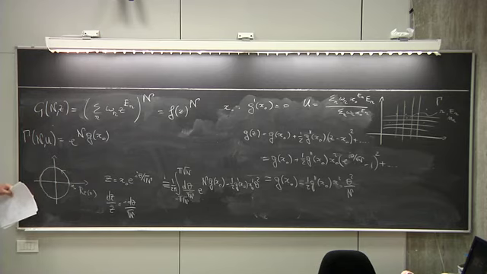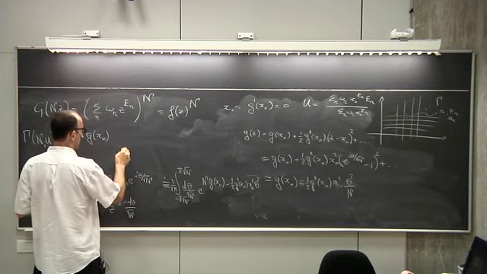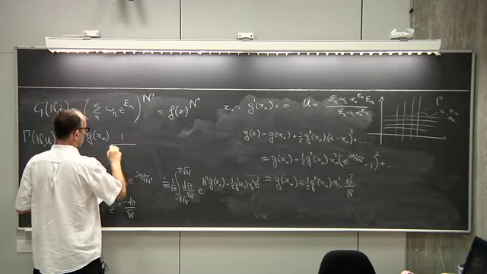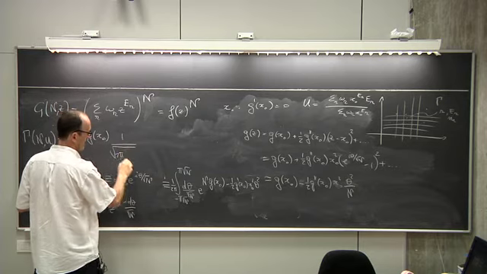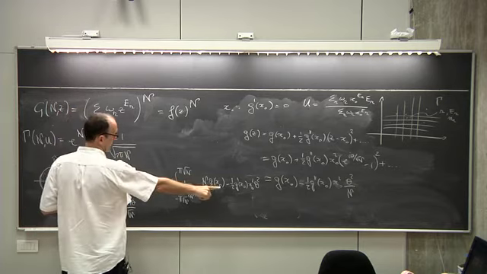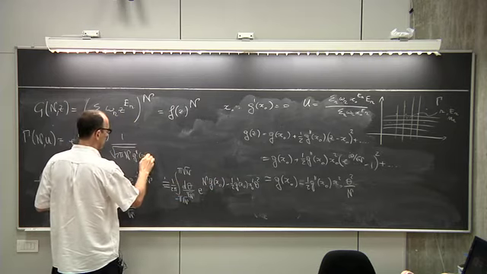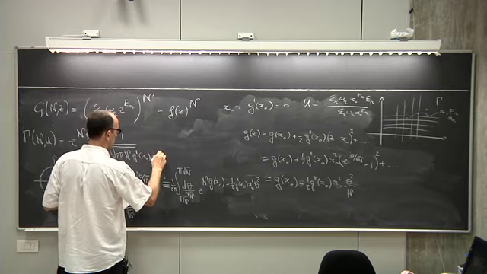And then there is the Gaussian integral, which is going to give me 1 over the square root of 2 pi n times the second derivative g double prime of x naught times x naught squared.